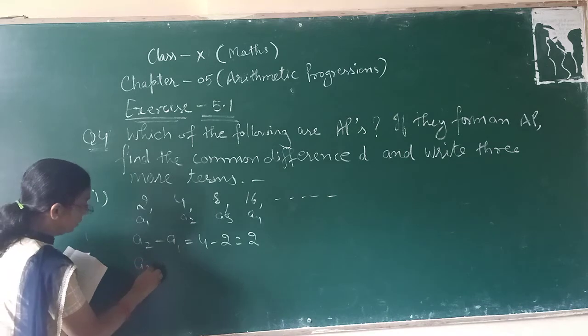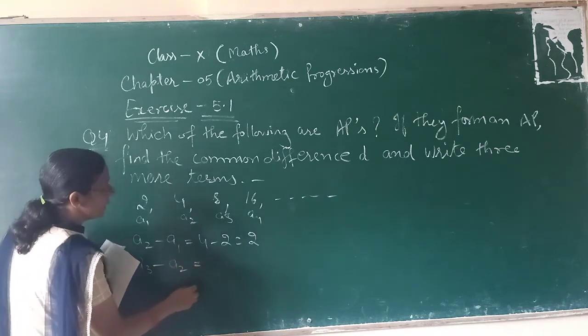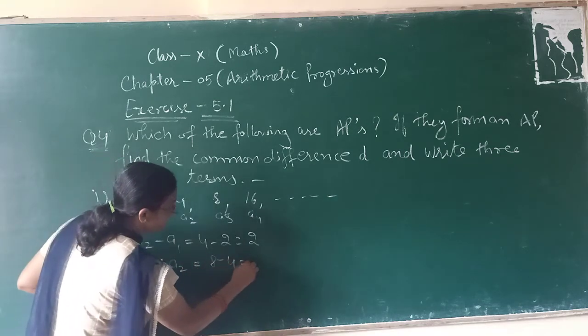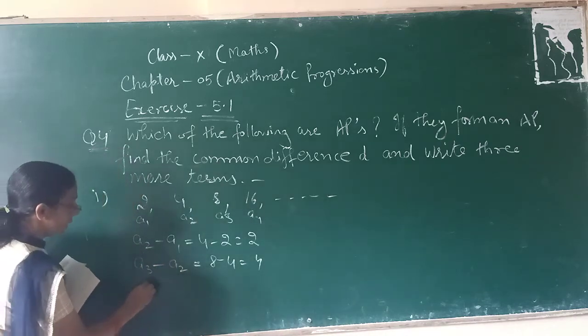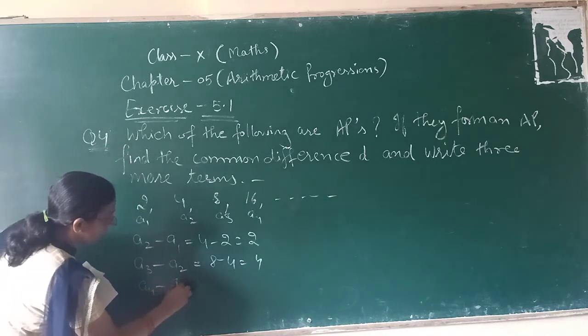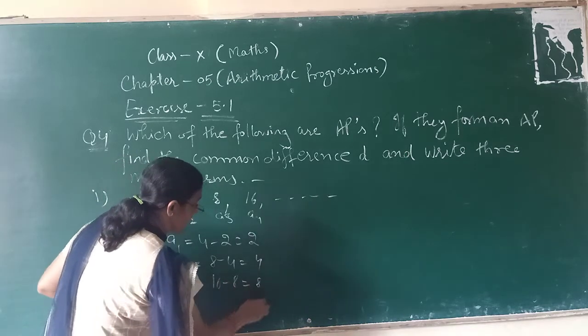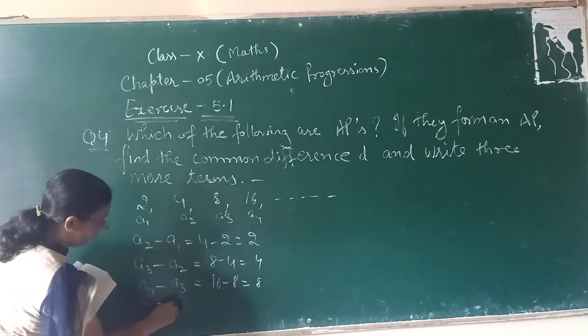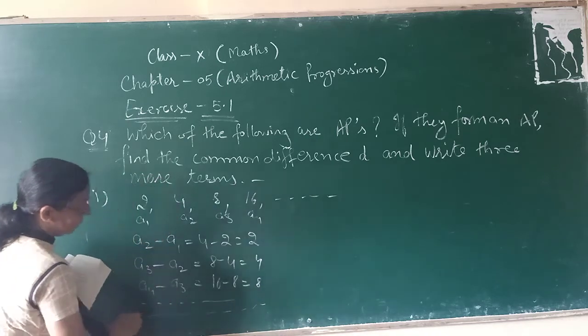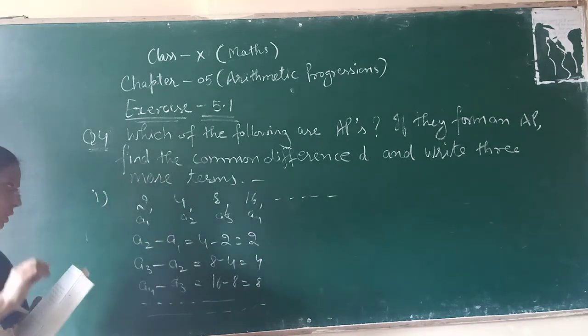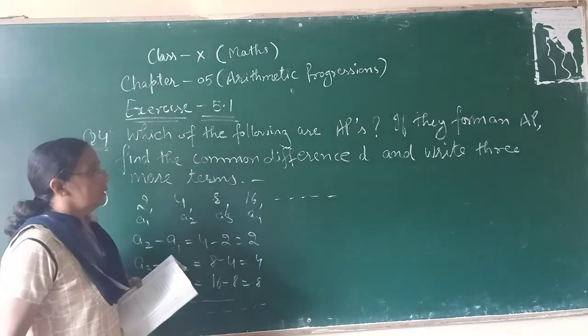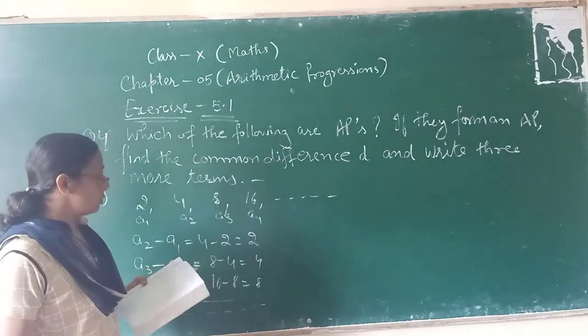Then A3 minus A2, that is 8 minus 4, which is 4. Next, A4 minus A3, that is 16 minus 8, which is 8. We have only up to 4 terms, so we have to check these.